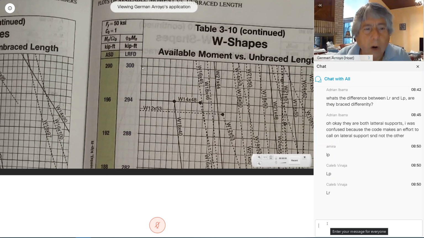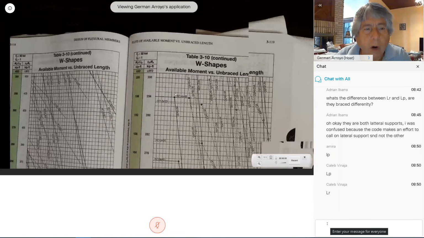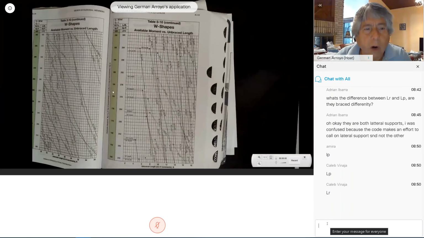That means the moment is constant. The moment diagram is rectangular. So every location of the compression flange has the same stress, uniform. That's why C sub B is equal to 1. So it is plotted for the worst condition, but it can be used for any condition.